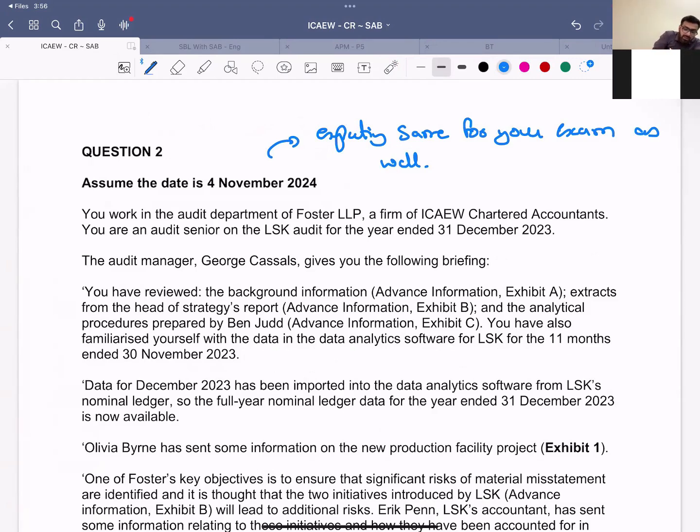This is the November 25 attempt that we are going to prepare for, and we are solving the question of November 24, so it's a similar thing.